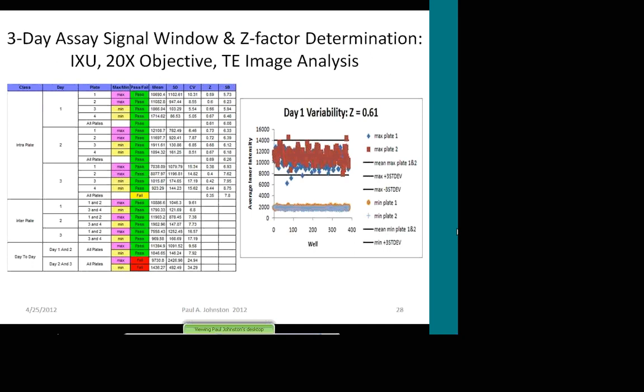This is just the data from the 3-day assay signal window, Z-factor determinations, doing 2 full plates of our maximum control, 3 full-well plates, and 3 independent experiments.